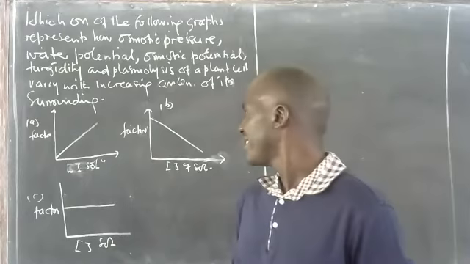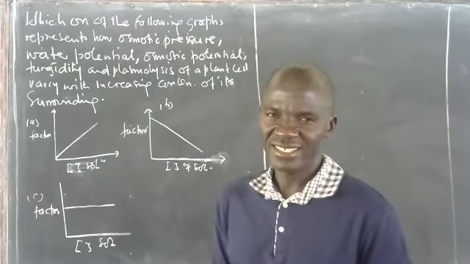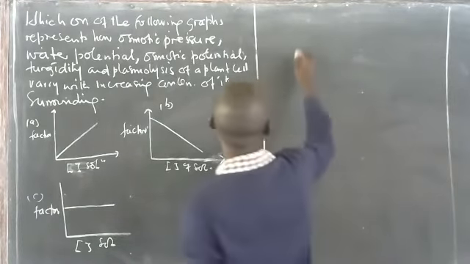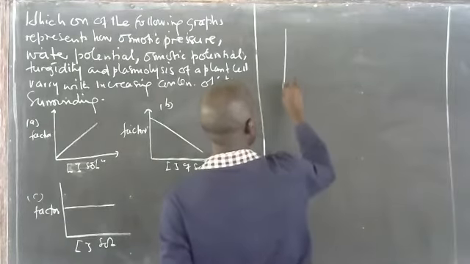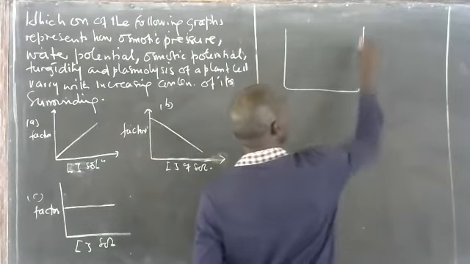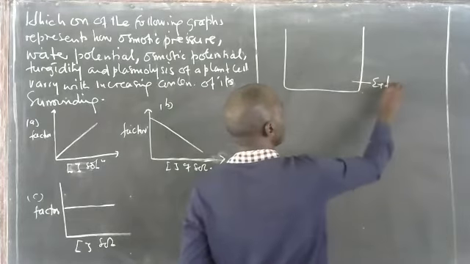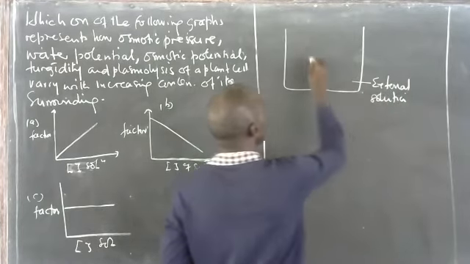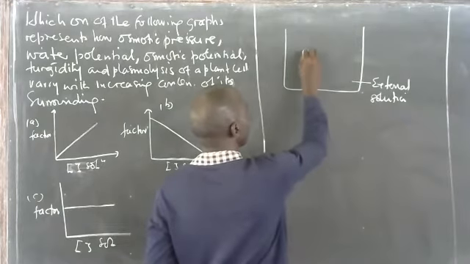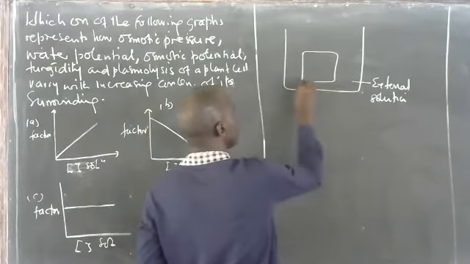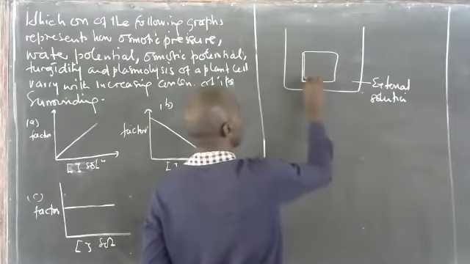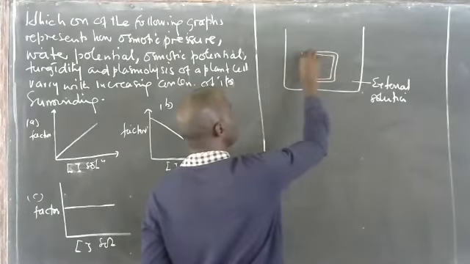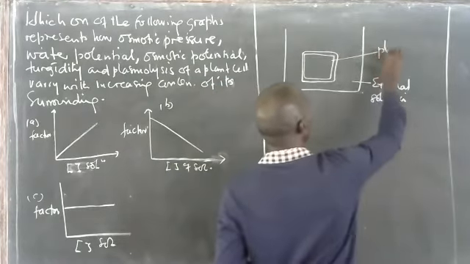And I've given 3 varieties. What I mean is if I have a solution here, and this is the external solution, then I put here a plant cell. This is the plant cell.